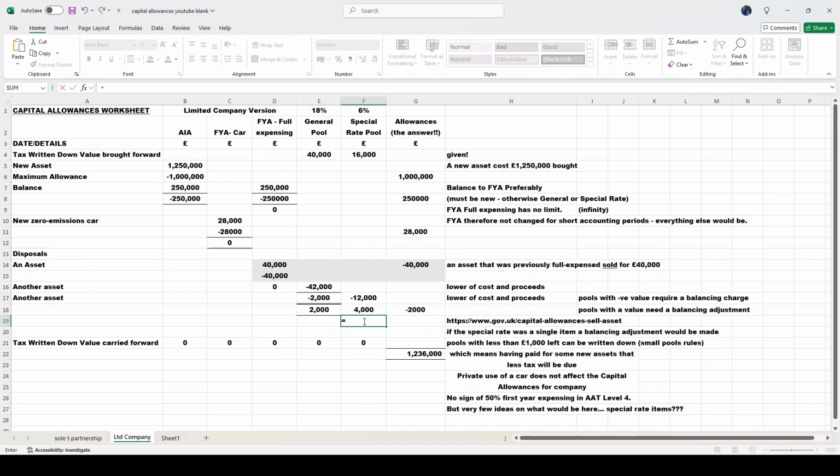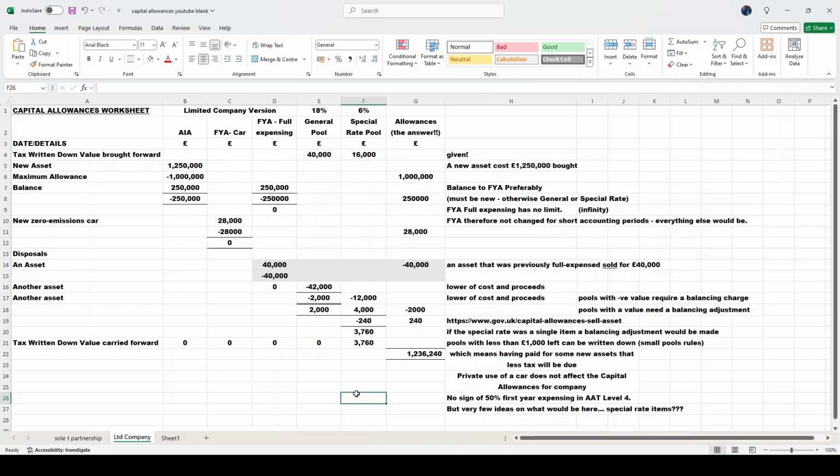And as it's a special rate, it's 6%, I'll show it as a negative figure, times the 4,000. And that 240 is an allowance that we're going to claim. That's where our number came from on our first sheet, and all we've got left now is 3,760 carried forward, the starting amount for our next financial year.